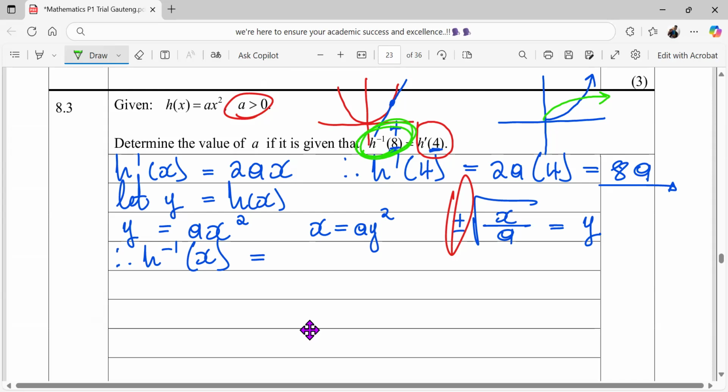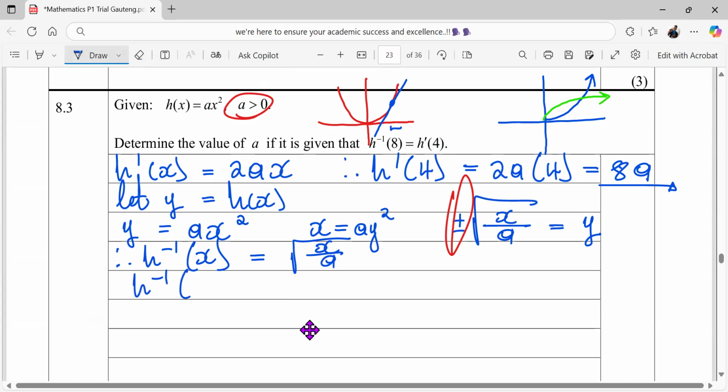The inverse at a positive x value of 8, the derivative at a positive x value of 4. So nothing can be clearer than that. We now understand that the inverse of h will have to be the square root of x over a.